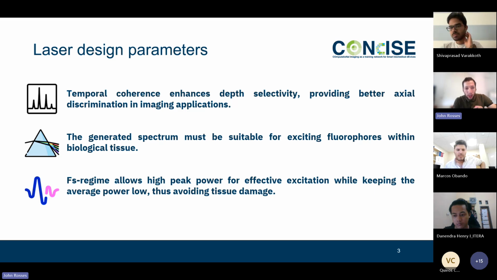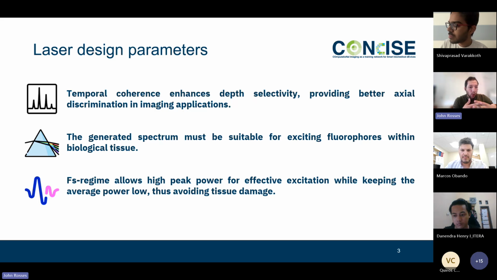The first of all is the temporal coherence, because this gives us a huge advantage in resolution. The second one is we want a specific spectrum, because we want to excite and select fluorophores. So for this case, we decided to design a source at 1.5 micrometers.